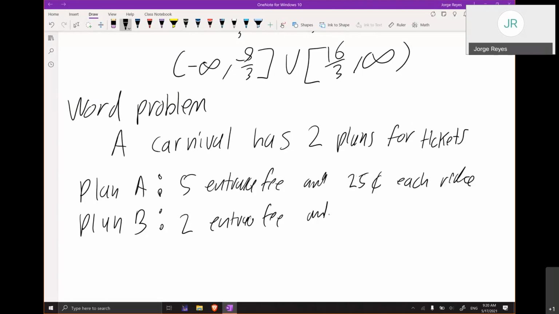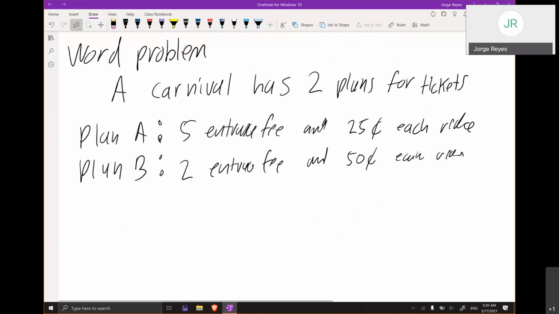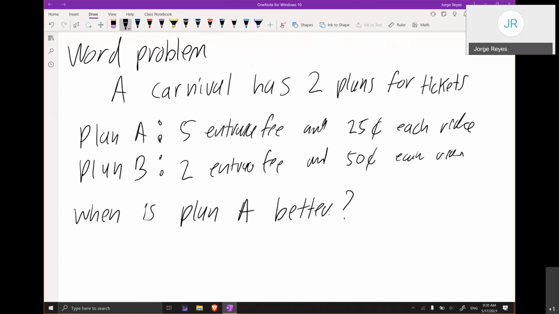But for plan B, it's 50 cents to ride each ride. So we see that plan B is cheaper if you ride fewer rides, but eventually, if you ride enough rides, plan A will be cheaper. And so the question is simple: which one's better, or when is plan A better? Very natural question.